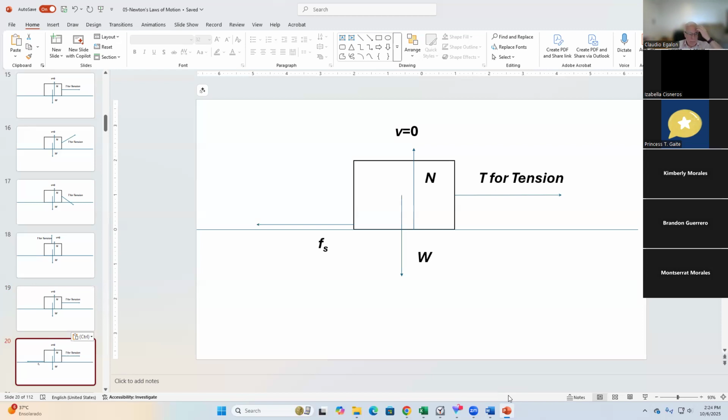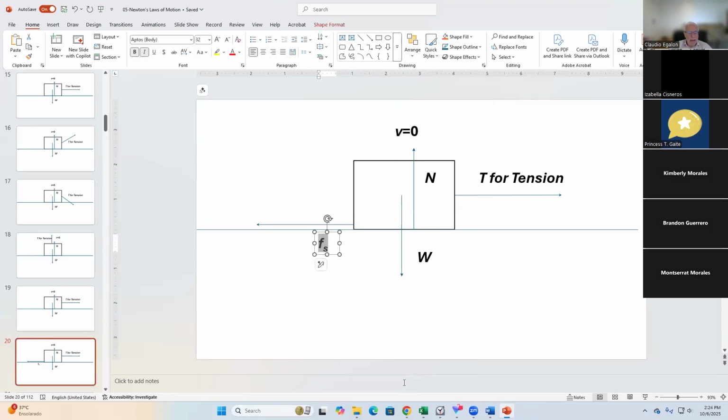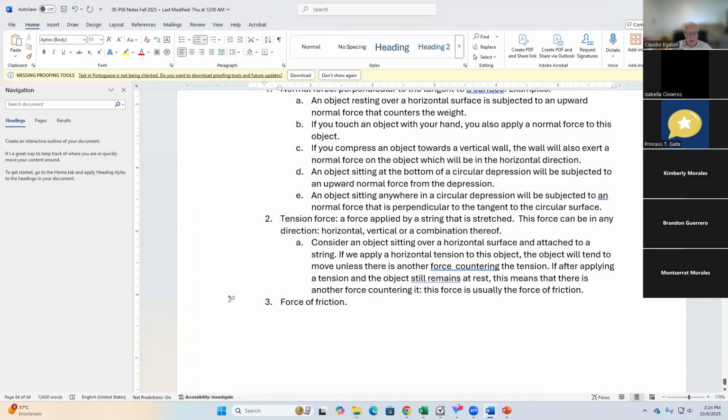And even better, there are two types of forces of friction. If the object is at rest, the force of friction would be the static friction. Let's write it down, force of friction. There are two types: static friction and kinetic or dynamic friction.